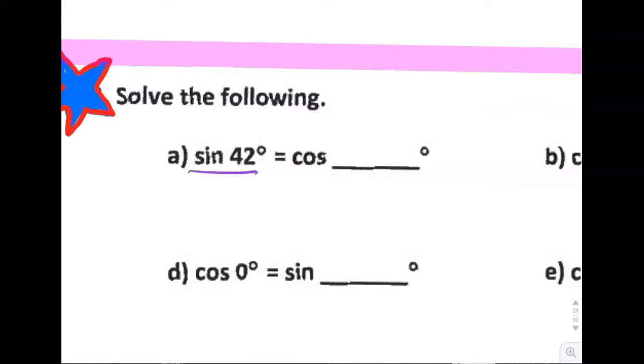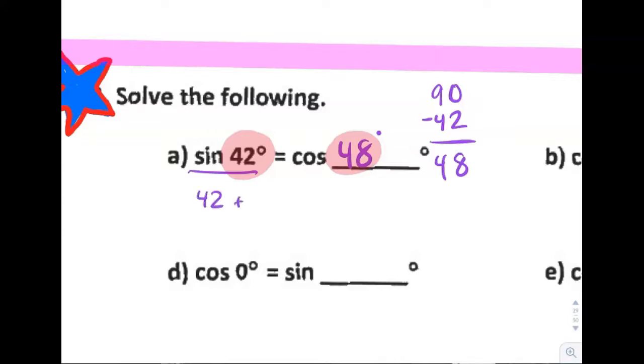The sine of 42 is the same thing as the cosine of 48. Why is that true? Because 42 and 48 add up to 90. So what we really did was 42 plus what equals 90? And the answer was 48.